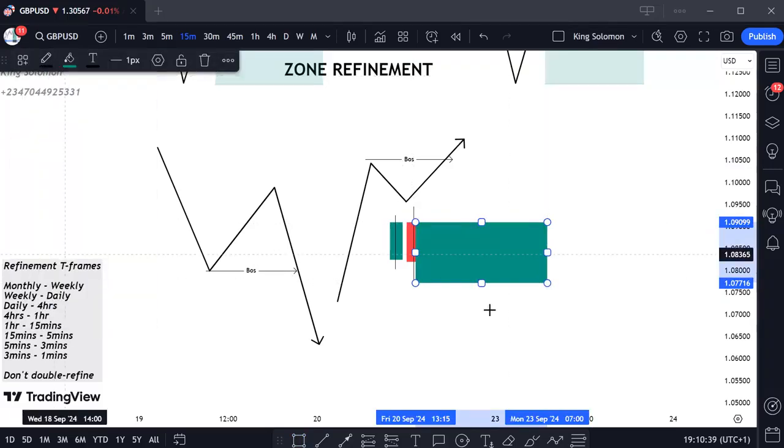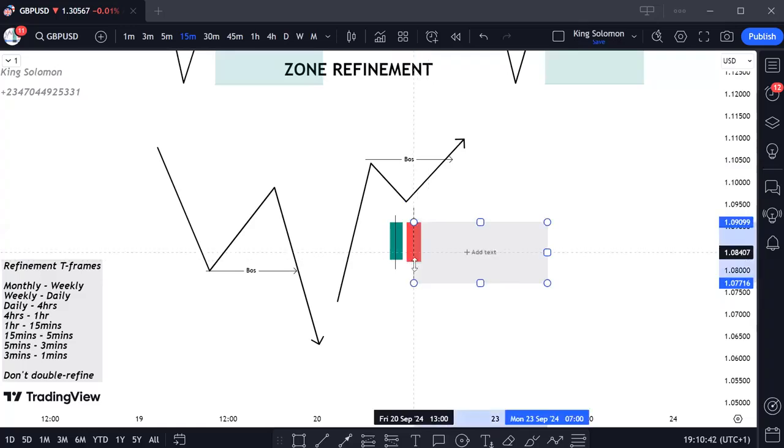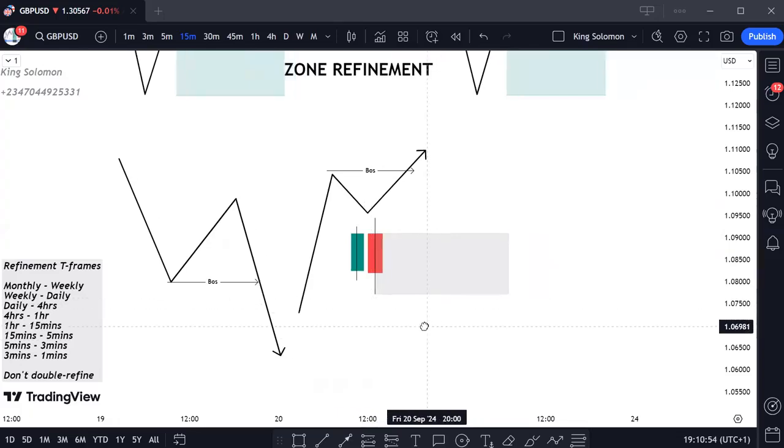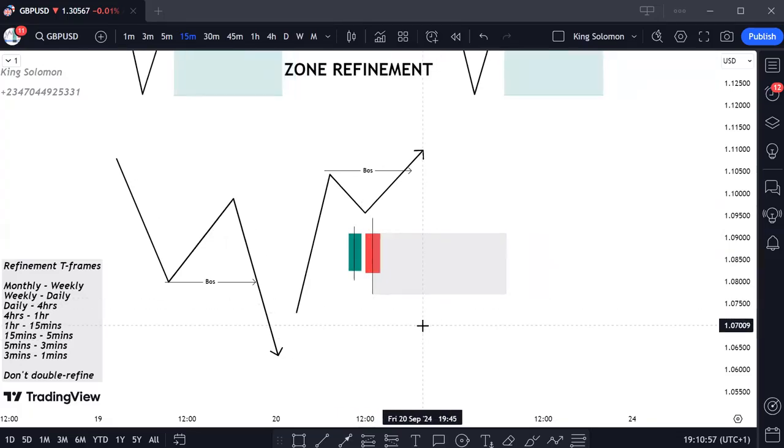There's one important thing I'm going to show you guys as well. Maybe in coming videos, I'm going to make a video on how to correctly mark your zones, how to correctly mark your POIs, and I'll probably even be diving into other point of interest types, not just your demand zone and your supply zone alone, but your other blocks, should I say.